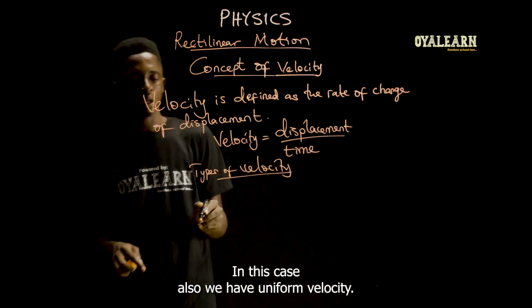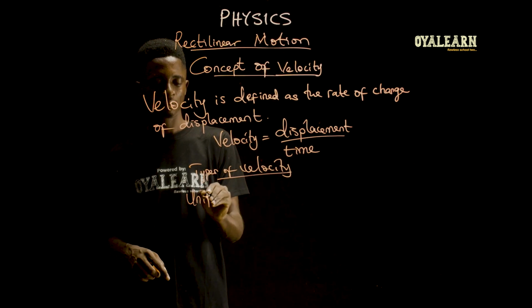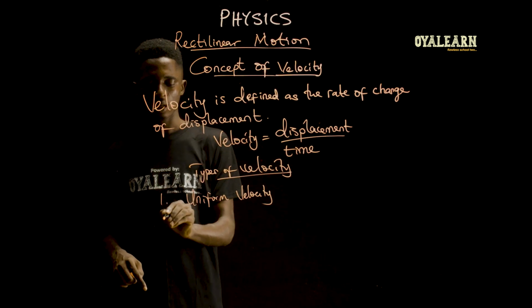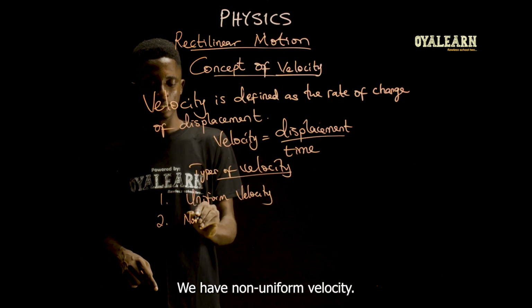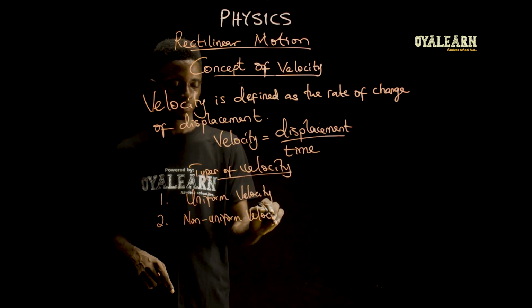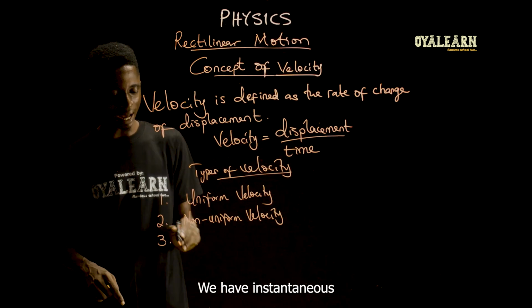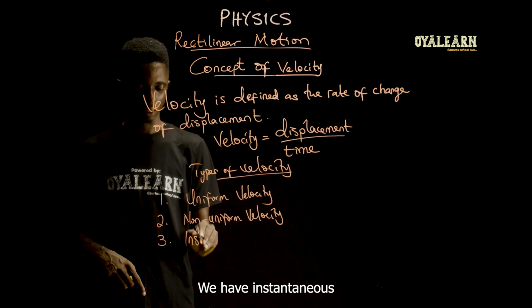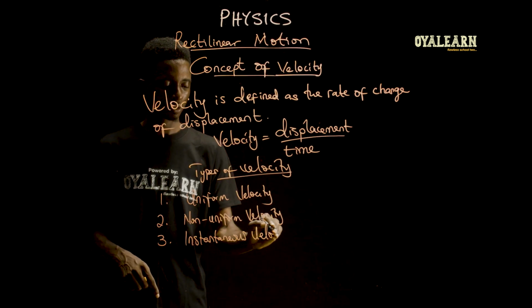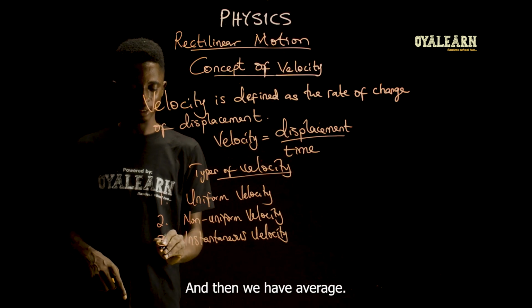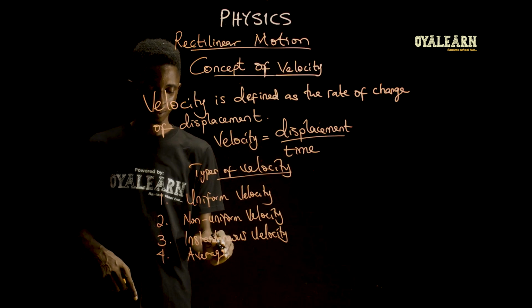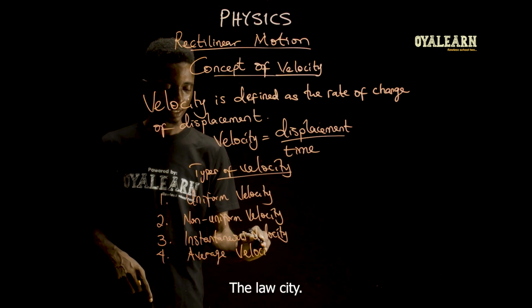Now, when it comes to types of velocity, in this case also, we have uniform velocity, non-uniform velocity, instantaneous velocity, and then average velocity.